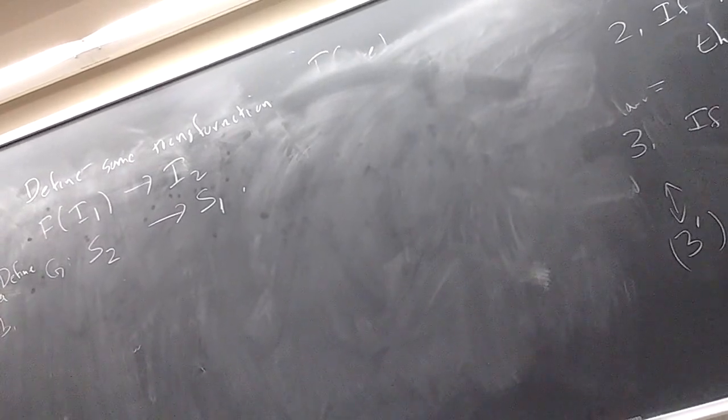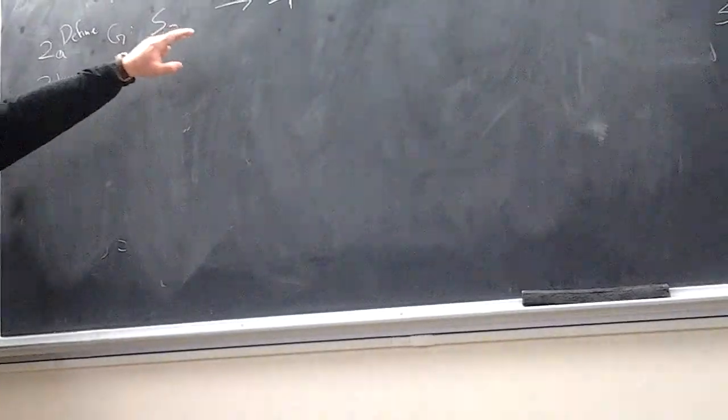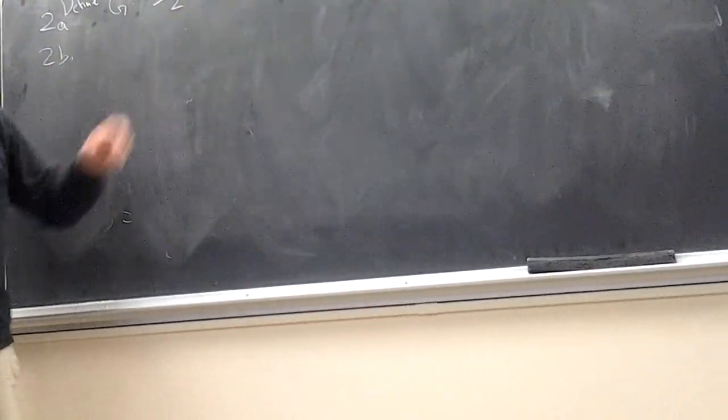And then what do we need to be true? It meets the constraints. So the constraints are the same, or at least if this is a valid solution, then this is really a valid solution.